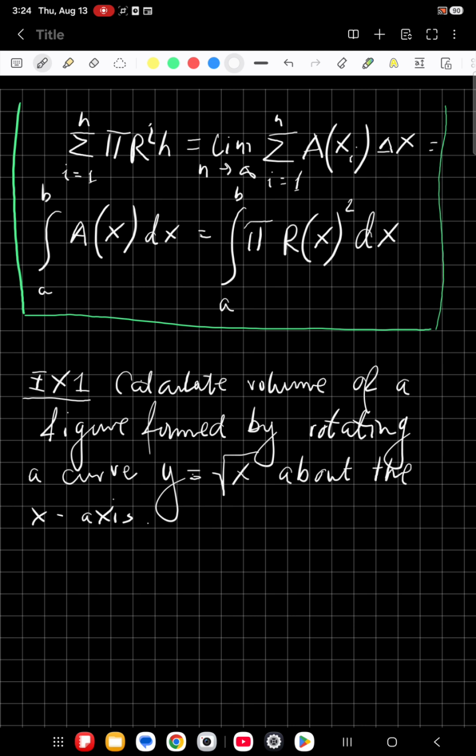And we're going to calculate it from 1 to 4. So those boundaries of integration will be 1 and 4.